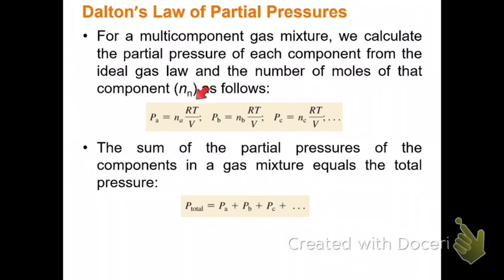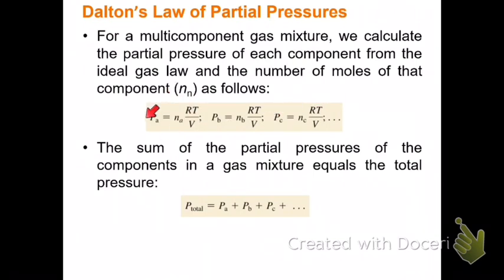The only difference here is the number of moles of each type of gas. So the pressure of gas A is equivalent to the number of moles of gas A times RT divided by V. The individual partial pressure of gas B is equivalent to the number of moles of B times RT divided by V. Same thing for gas C.